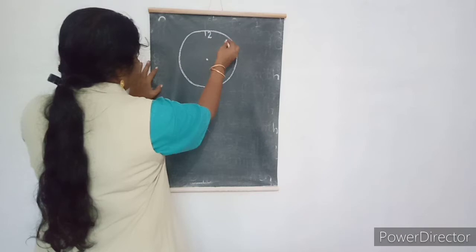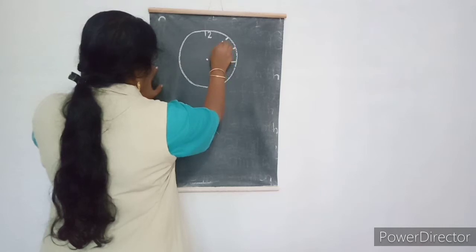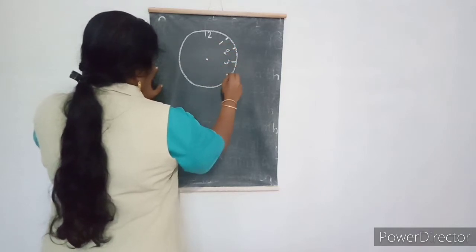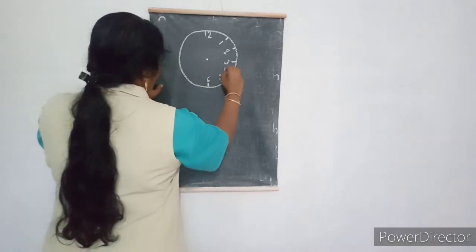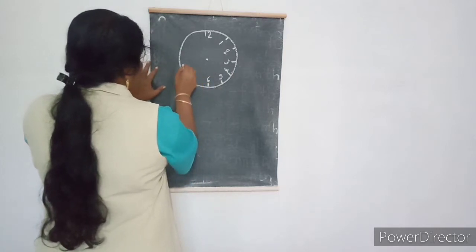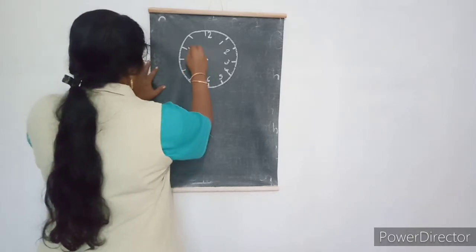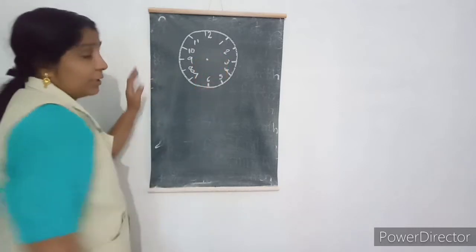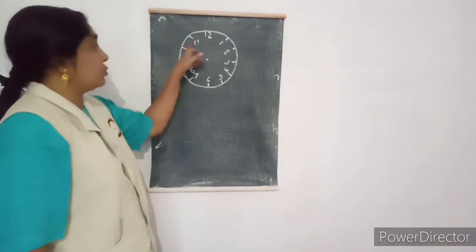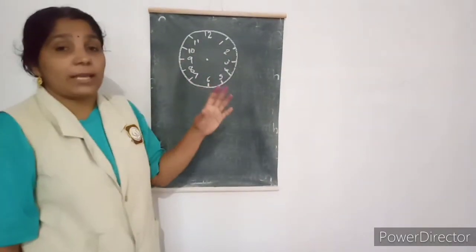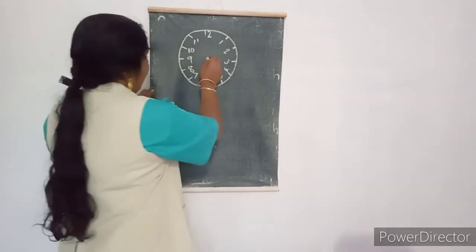This is a clock. The dial has the numbers 1 to 12, and the clock has two hands, one long hand and one short hand.